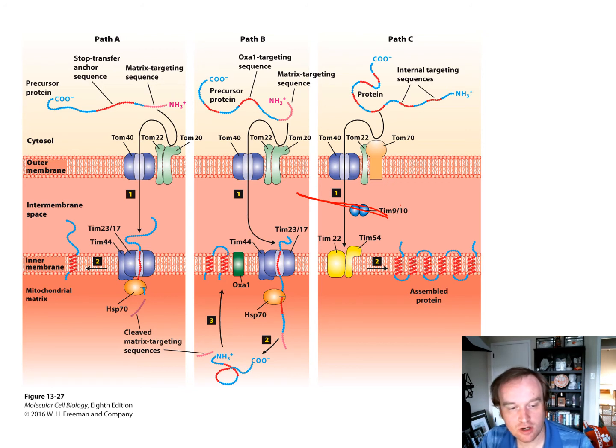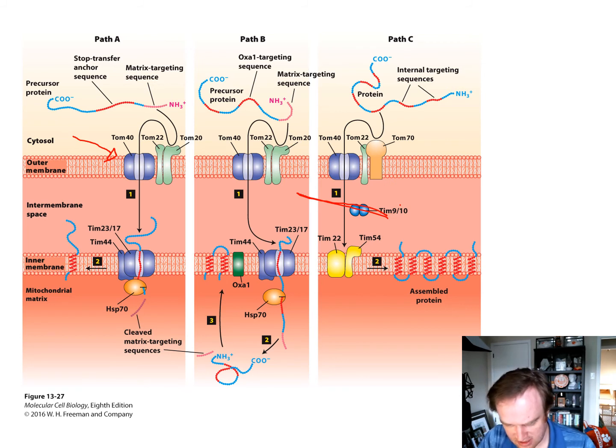And so these different pathways require different targeting sequences, or multiple targeting sequences. But all of them require TOM40, this outer membrane channel, to import into the mitochondria. So in path A, we have COXVA.